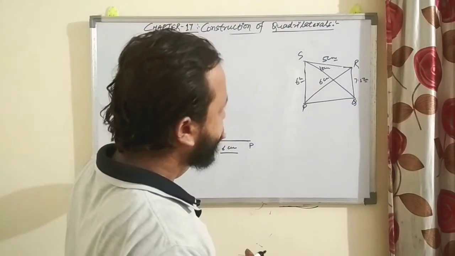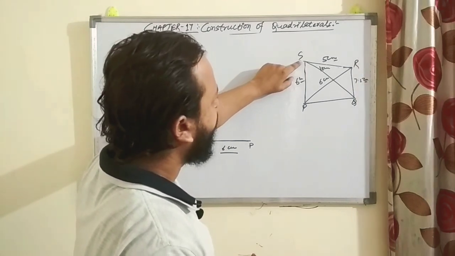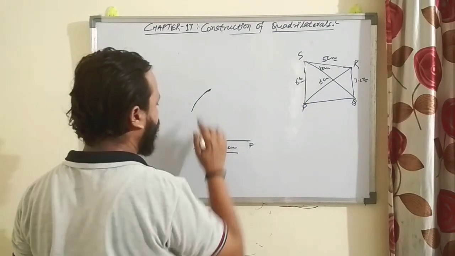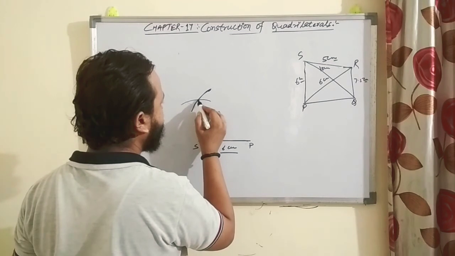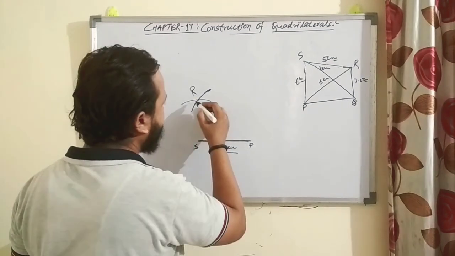Now take S as a center and take the length 5 centimeter and draw an arc, right? So if you draw an arc, suppose this is point R, right?